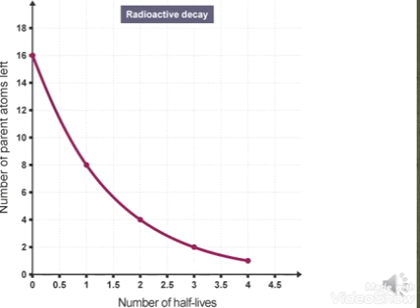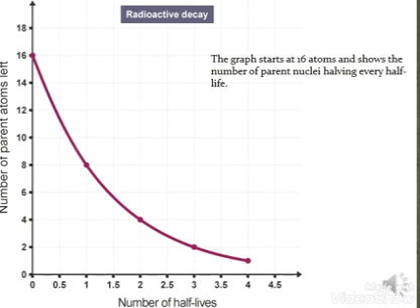It is very important to write the title of the graph. So to explain this graph, the graph starts at 16 atoms and shows the number of parent nuclei after every half-life.